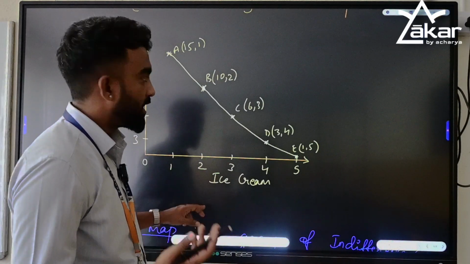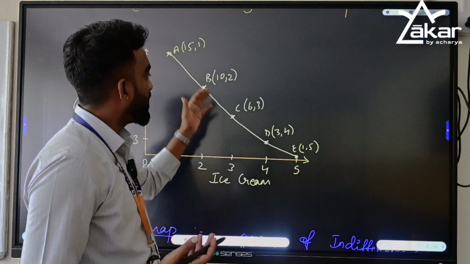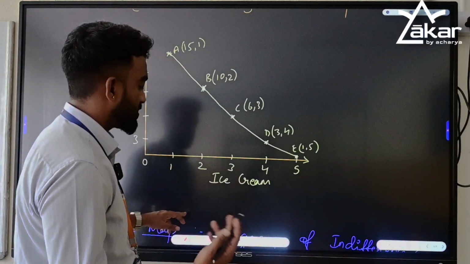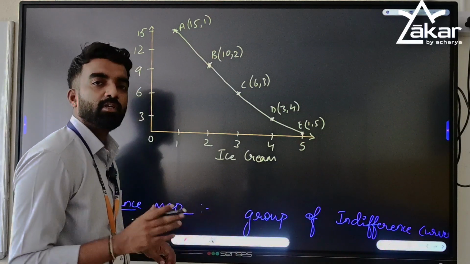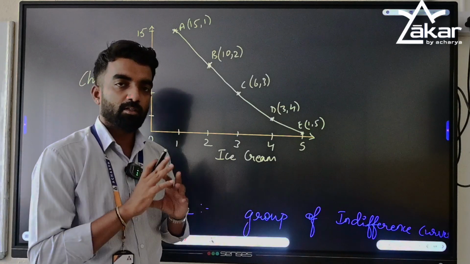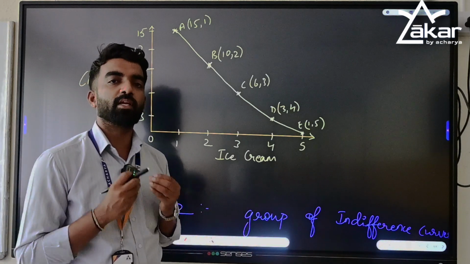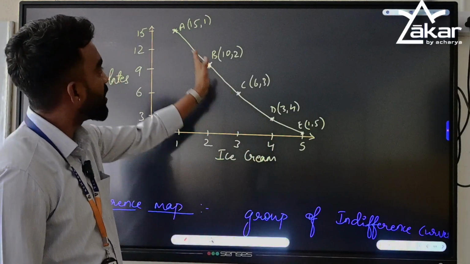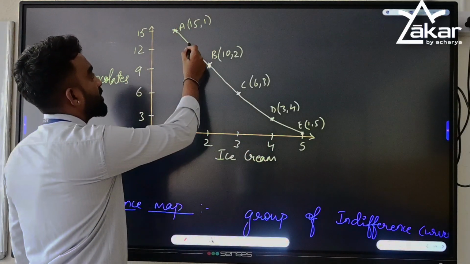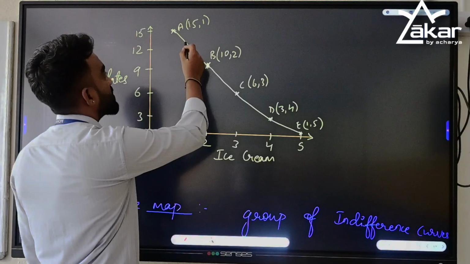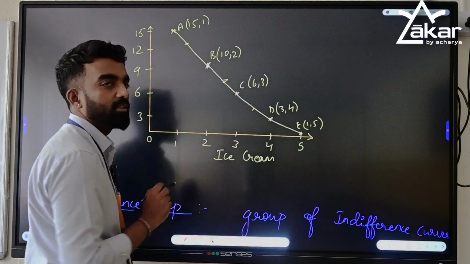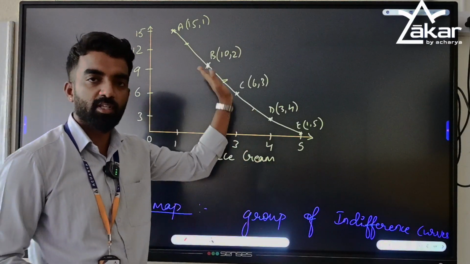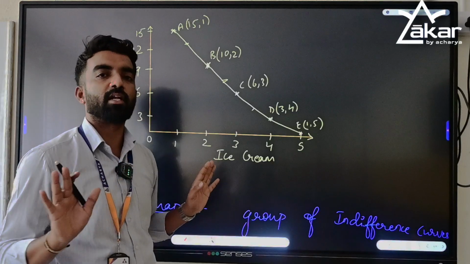Understood? Let's see why he has to sacrifice, why it will keep on reducing. We'll understand it later. As of now, indifference means all combinations of two goods which give equal satisfaction to the consumer. Along this curve, at any point, a consumer is equally satisfied.